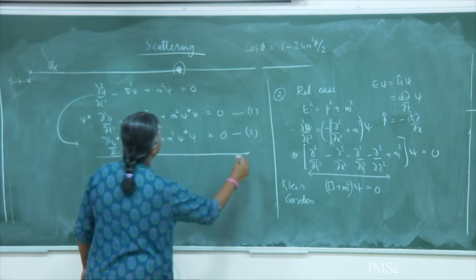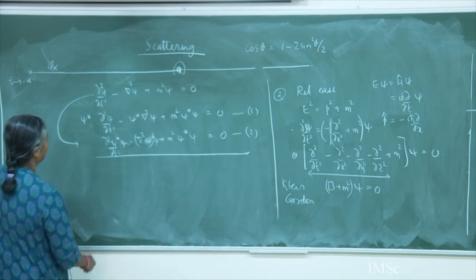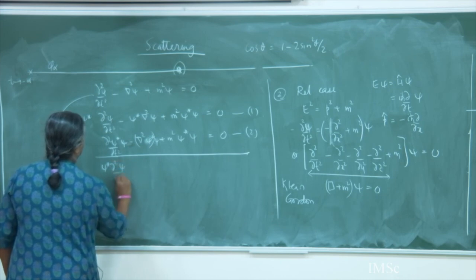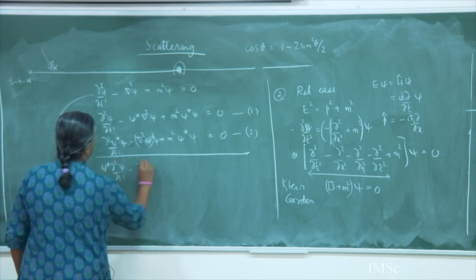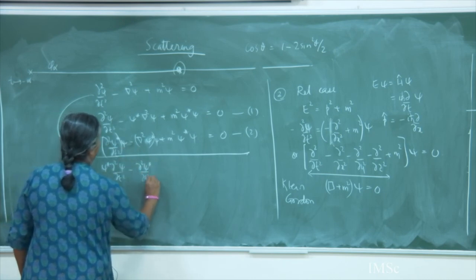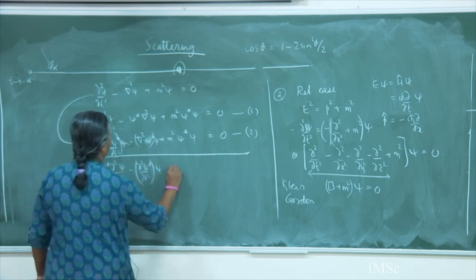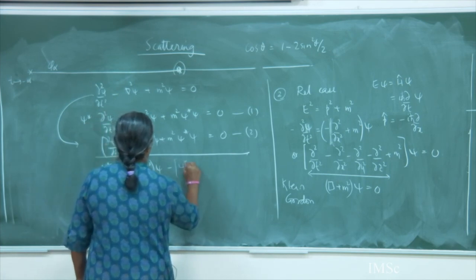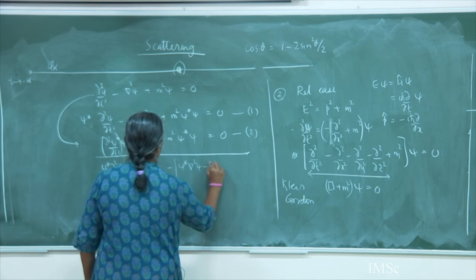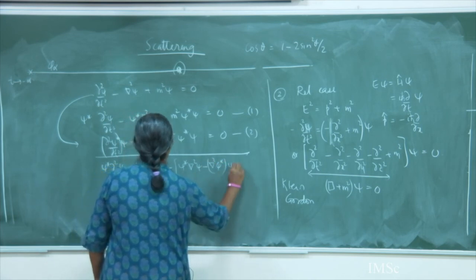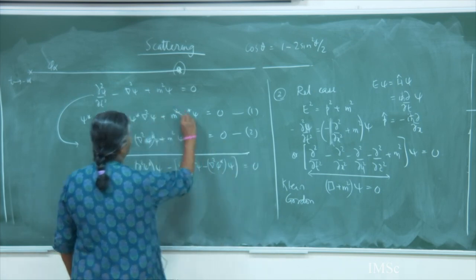And ask what happens when I subtract these two equations. So I get psi star d squared psi by dt squared minus d squared psi star by dt squared psi, minus psi star del squared psi minus del squared psi star. So these two terms cancel.